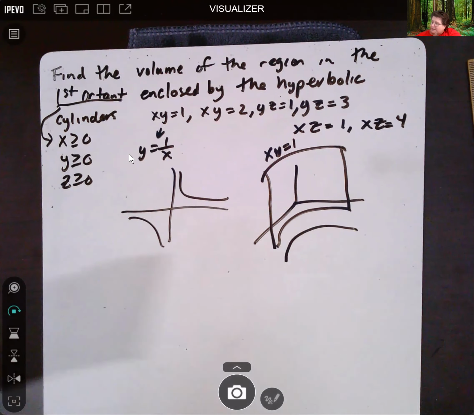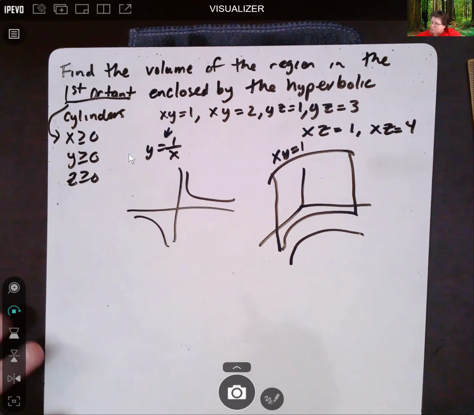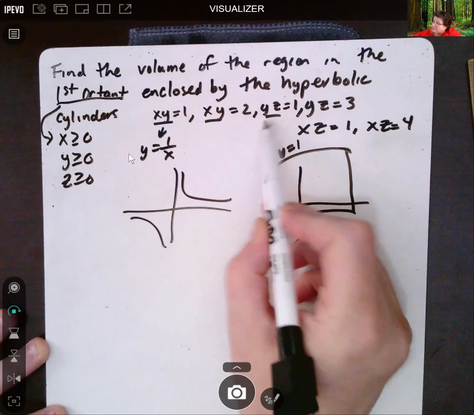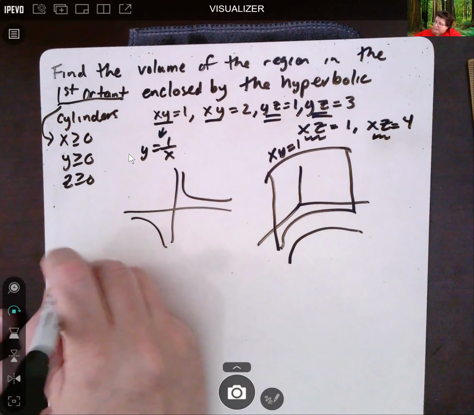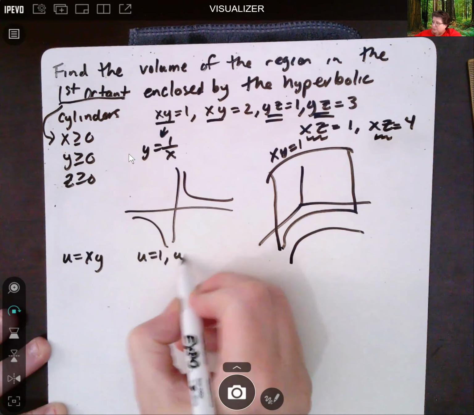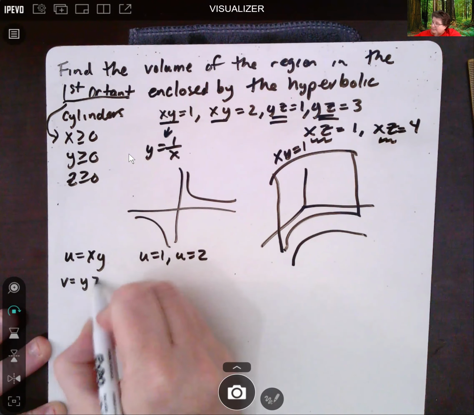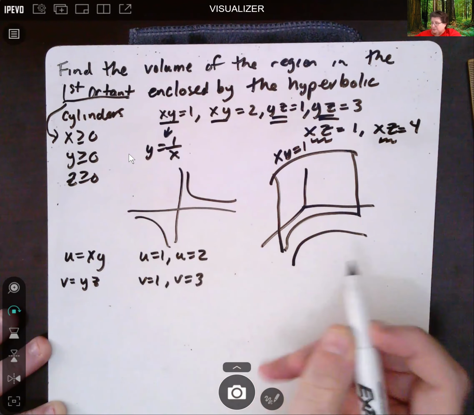But looking at it, I see I've got xy equals 1, xy equals 2. Then I've got yz equals 1, yz equals 3, xz equals 1, xz equals 4. Which makes me go, I see three things that pair up. And maybe I'll make my variables those. So if I say u equals xy, then I've got u equals 1 and u equals 2. And if I say v equals yz, I've got v equals 1 and v equals 3 from my boundary conditions.